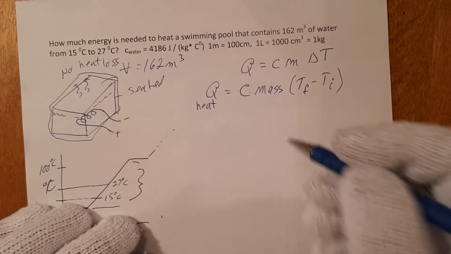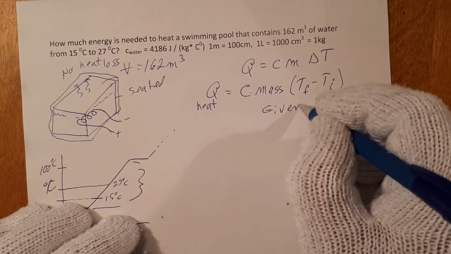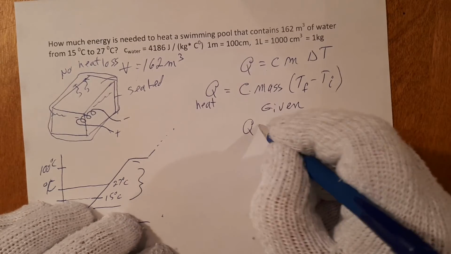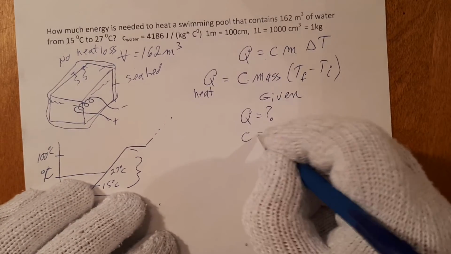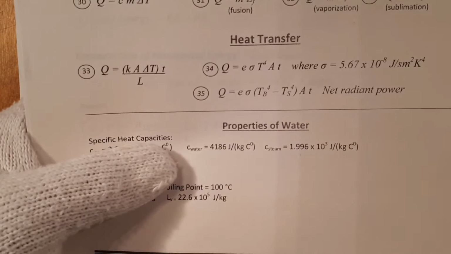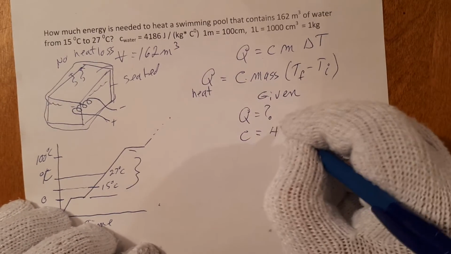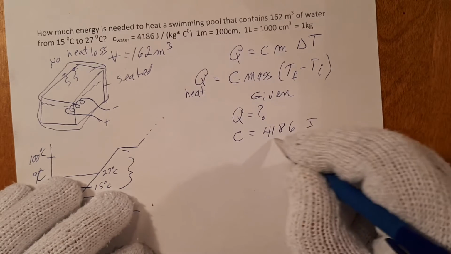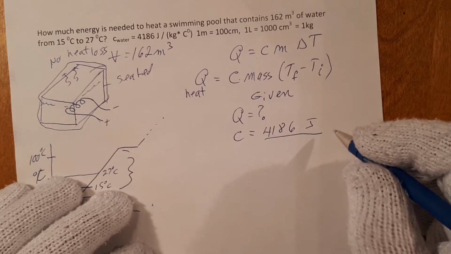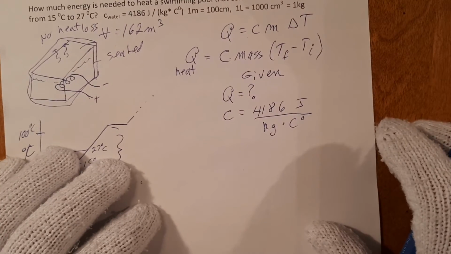So let's make a quick list here of what we are given. Q is what we want to find. C is given to us, we just take it directly from our charts right here, 4186, and the units for that is joules per kilogram Celsius degree.